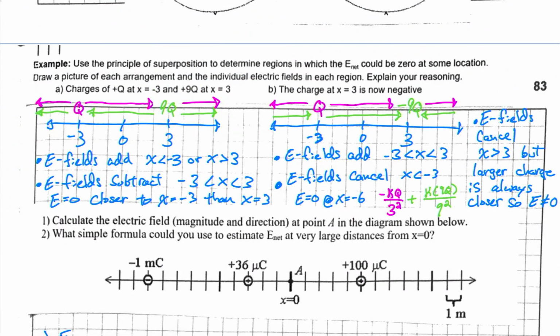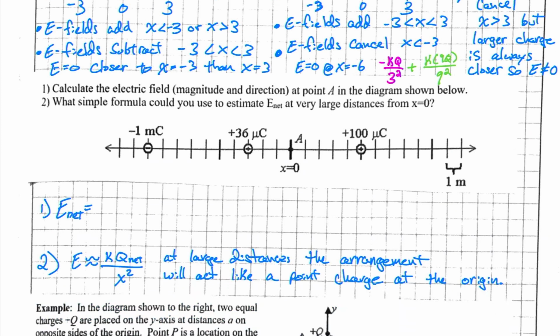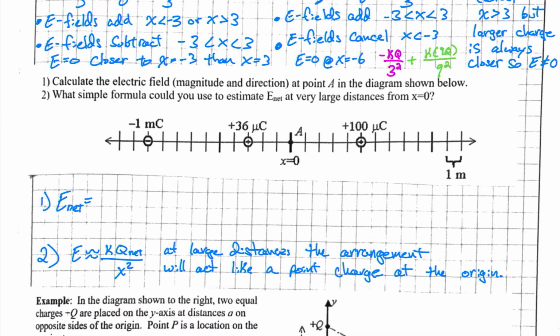In the next example, we're going to calculate the magnitude and direction of the electric field at point A. And remember, the electric field for a point charge in magnitude is KQ over R squared. And if we go ahead and define, this could be charge number 1, Q1.